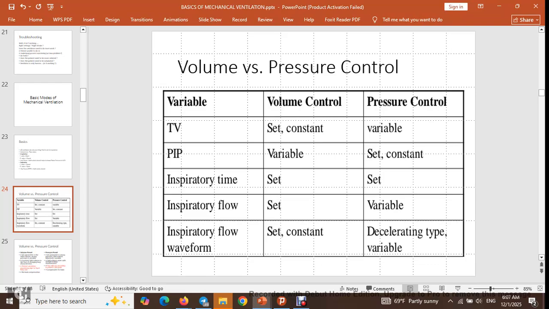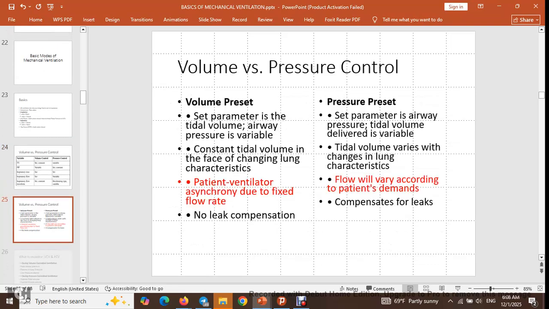Inspiratory flow is important in volume control, and you should set this inspiratory flow. In pressure control it is variable, and the inspiratory flow waveform is decelerating, which is somewhat comparable with physiologic flow, whereas inspiratory flow is constant in volume control.